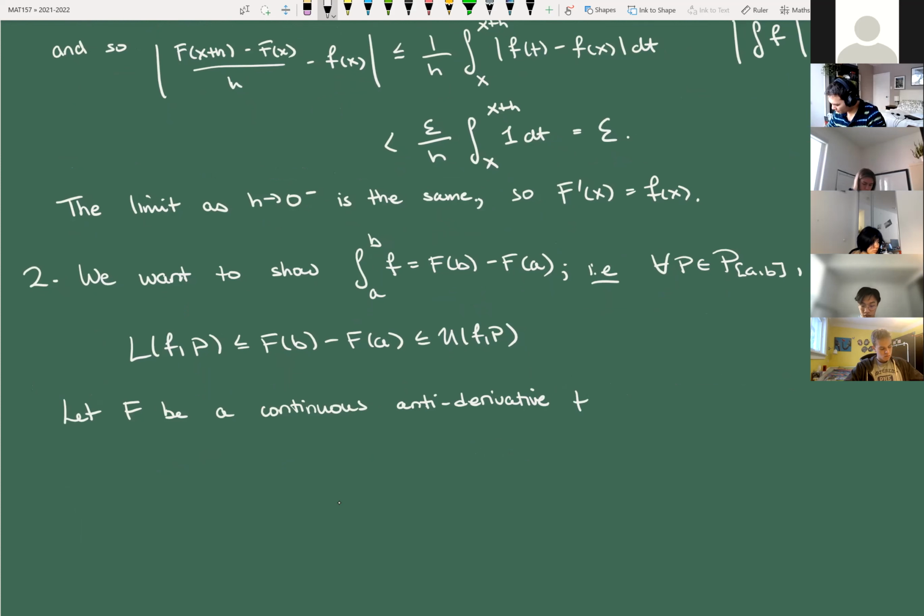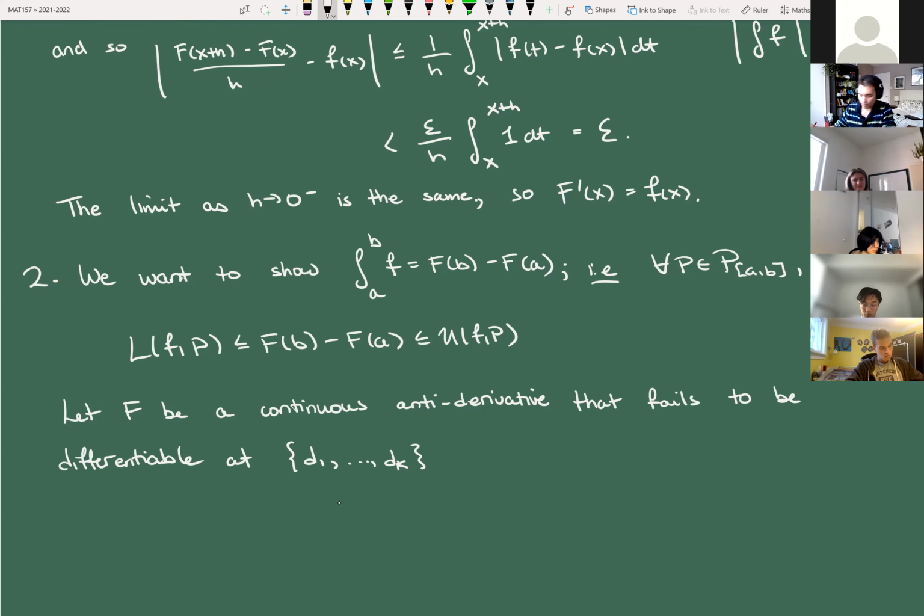Continuous antiderivative that fails to be differentiable at... I'm going to call them D1 through DK here, right? D for discontinuous or not differentiable, sort of thing like that. And it doesn't matter because I'm immediately going to throw these points away. So F is a continuous antiderivative that fails to be differentiable at these points.